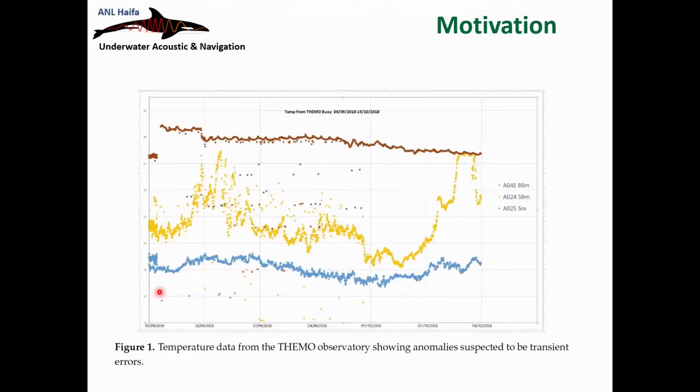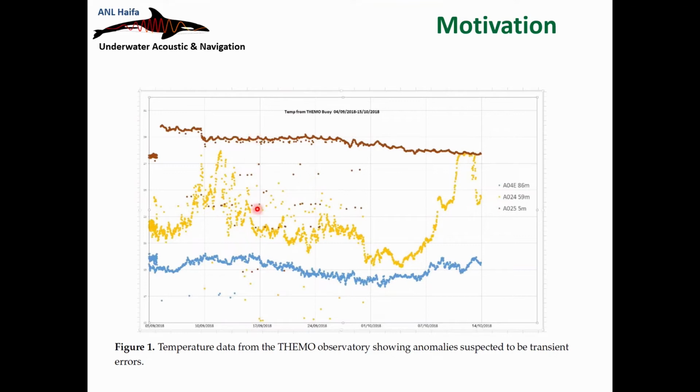The motivation for developing that quality assurance was the observation that data is indeed related. We see here data from the THEMO Observatory that spans a bit more than a month. It shows temperature readings from 86 meters, the blue one, 59 meters, the yellow one, and the brown one from 5 meters.